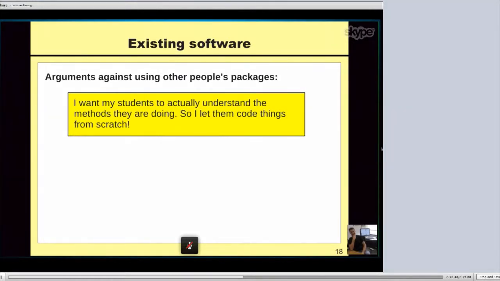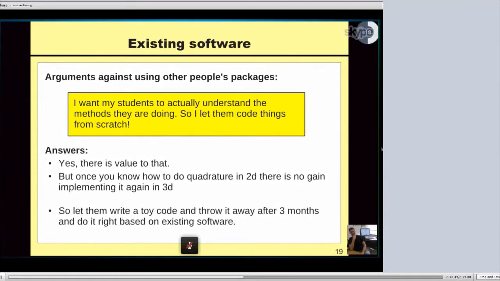And so as I say, I understand that argument, that there certainly is value to that. But I think this argument goes only so far. So for example, once you've implemented quadrature in 2D, there's no real gain in knowledge or understanding if you have to do it again in 3D.